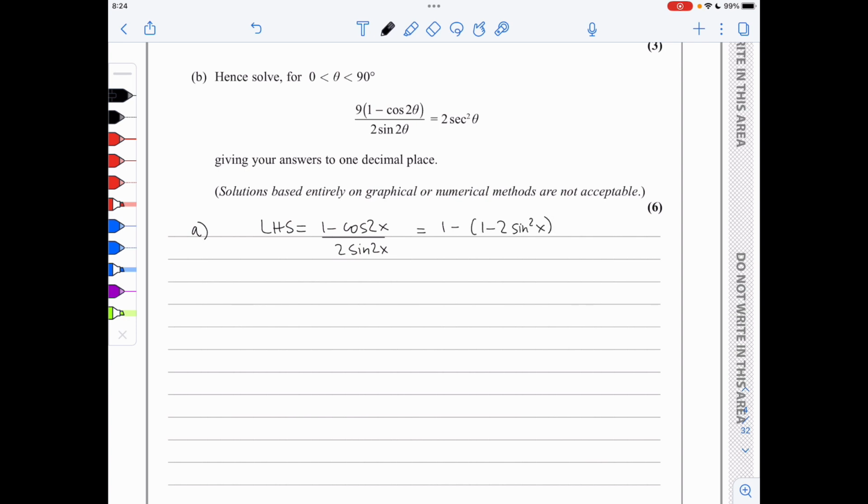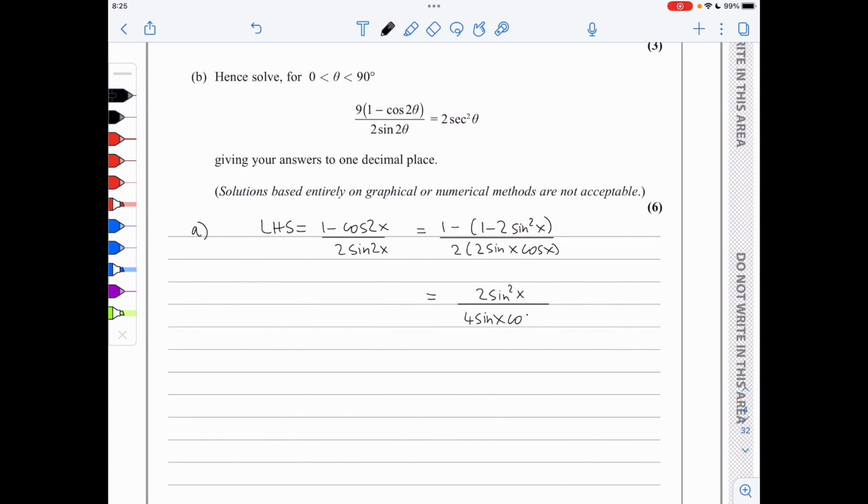This will allow the 1 to cancel out with the 1 here. And in the denominator, sine of 2x is 2 sine x cos x. And therefore, we've got in the numerator 2 sine squared x, and in the denominator, we've got 4 sine x cos x.